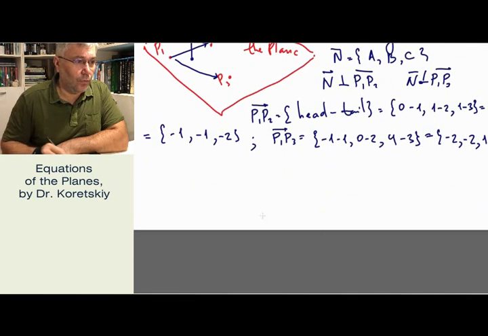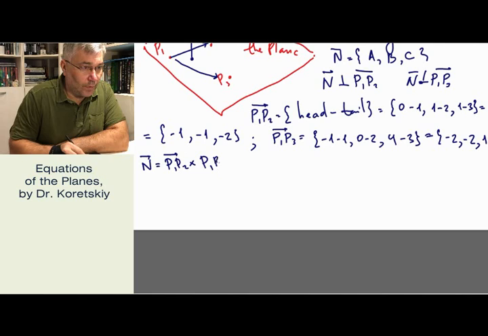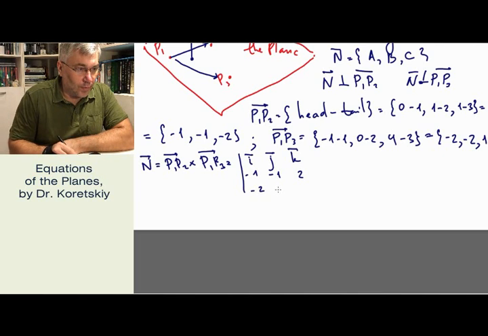So vector n, which is perpendicular to both of them, is the result of the cross product of P1P2 and P1P3. We have i, j, k, then -1, -1, -2 and -2, -2, 1.